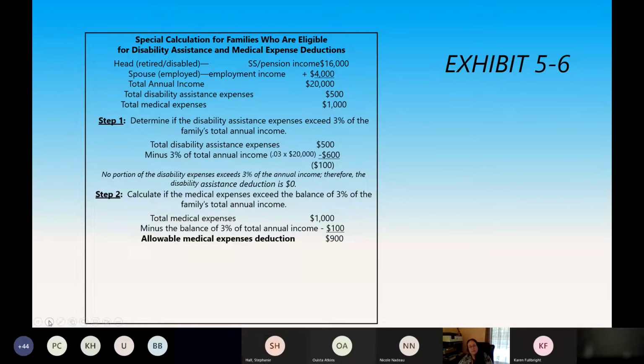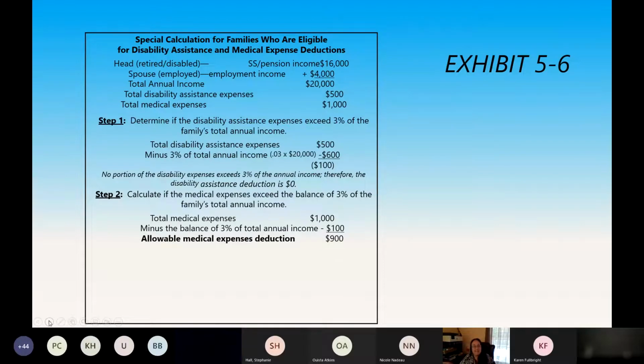Determine if the disability assistance expense exceeds 3% of the family's total annual income. So their total disability assistance expense is $500 minus 3% of the total annual income, 0.03 times that 20,000, which comes out to $600. So $100, so no portion of that disability expense exceeds 3% of annual income.